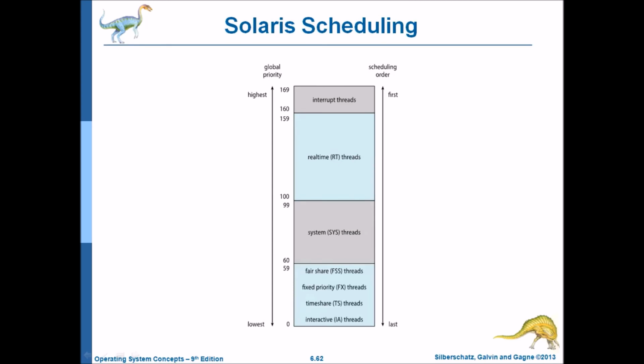These threads do not belong to any scheduling class and execute at the highest priority, 160 to 169. As mentioned, Solaris traditionally used the many-to-many model, but switched to the one-to-one model beginning with Solaris 9.